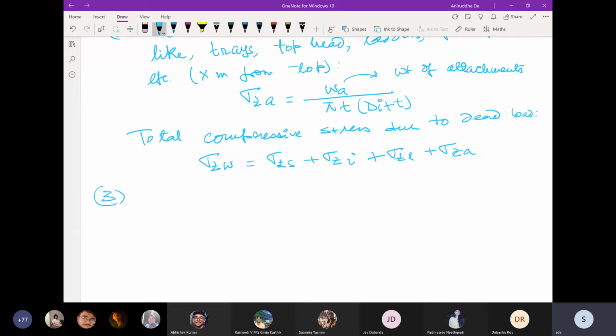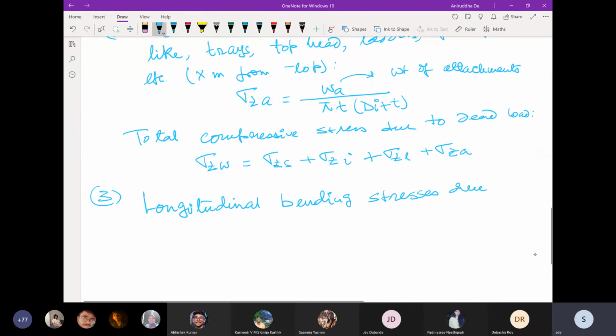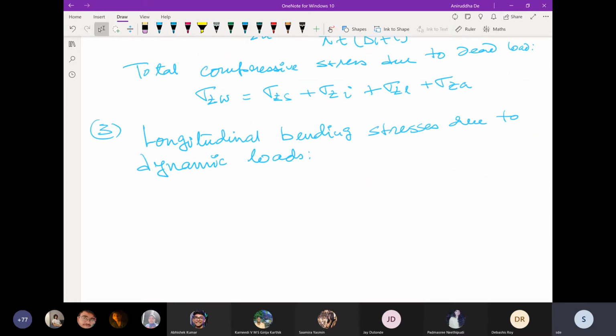Third load will be calculating due to the dynamic loads. So longitudinal stress, bending stresses due to dynamic loads. Okay. So these are basically wind load and seismic load. So axial stresses due to wind load.